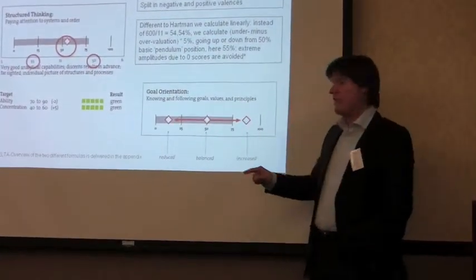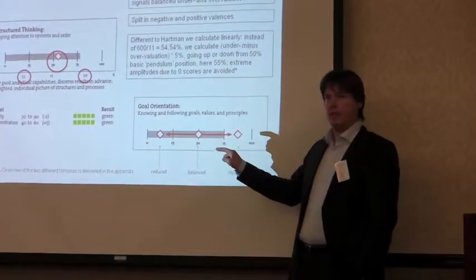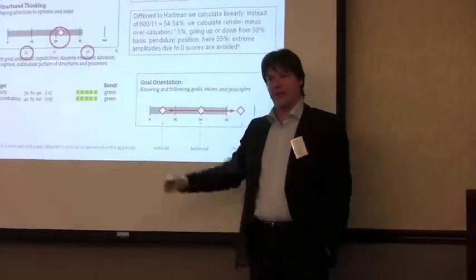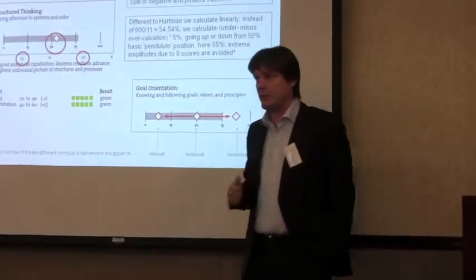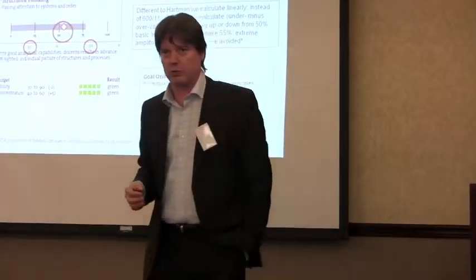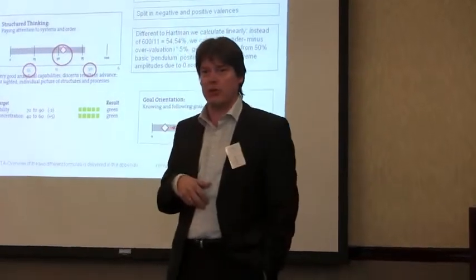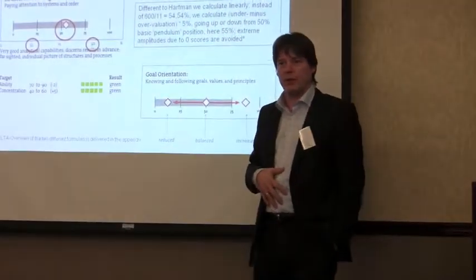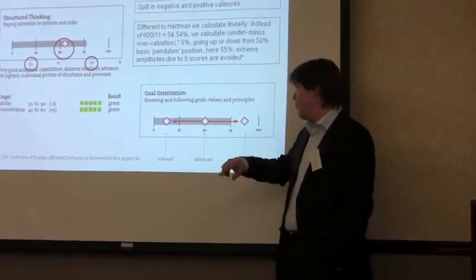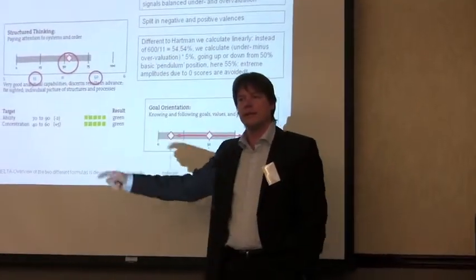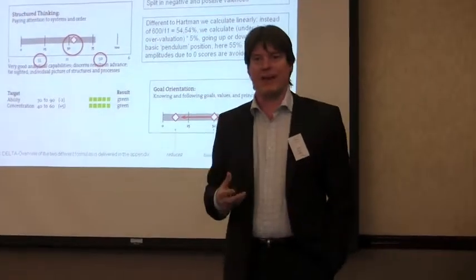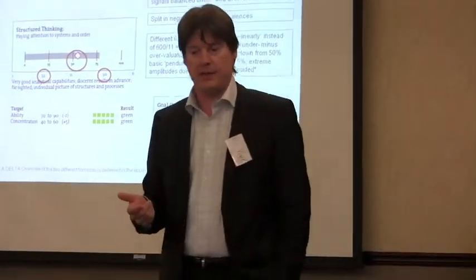Well, we could have a serious case if we have the diamond at 100% and the bar at 20. Well, someone tries all the time to do something where he's not at all able to. This is not only frustrating for him, but also might be a little bit difficult for the whole environment. Or the other way around, you have a very high bar and a low diamond. That means you have the possibility of an unconscious competence.